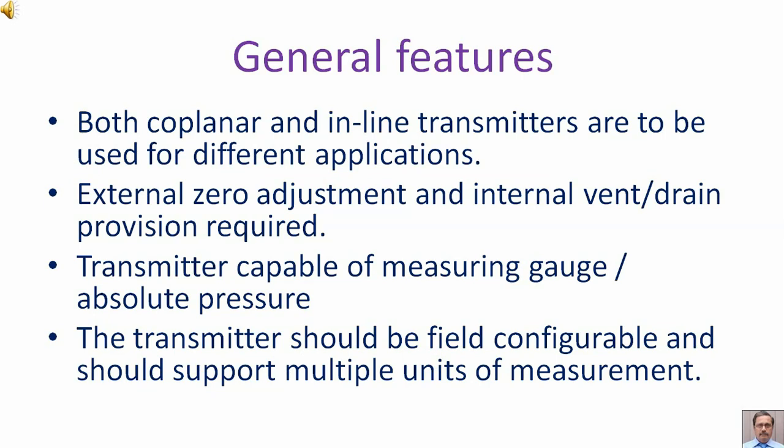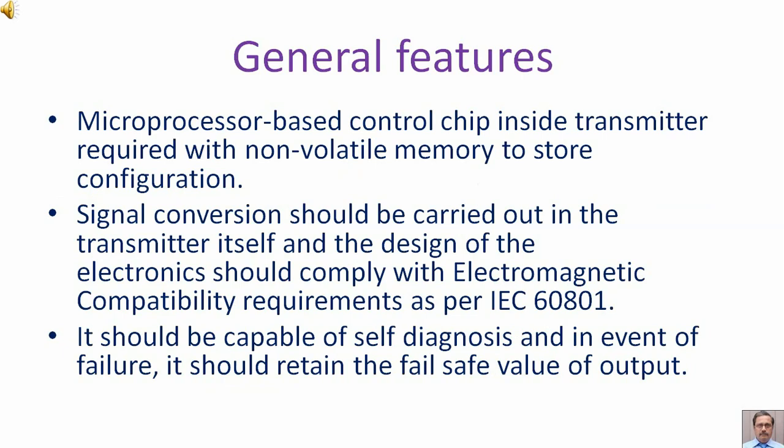Transmitter capable of measuring gauge/absolute pressure. The transmitter should be field configurable and should support multiple units of measurement. Microprocessor based control chip inside transmitter required with non-volatile memory to store configuration.